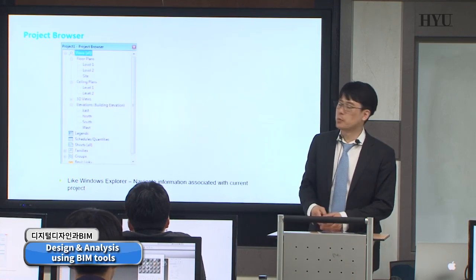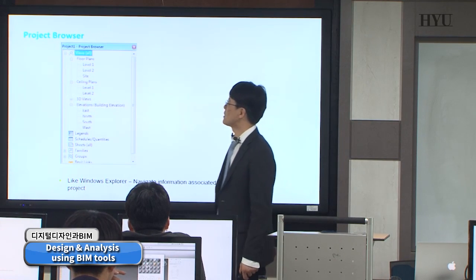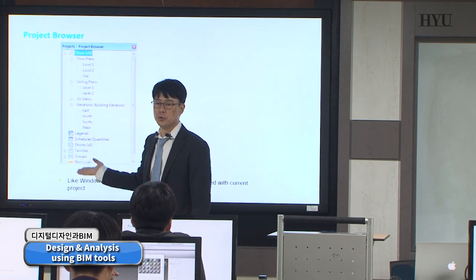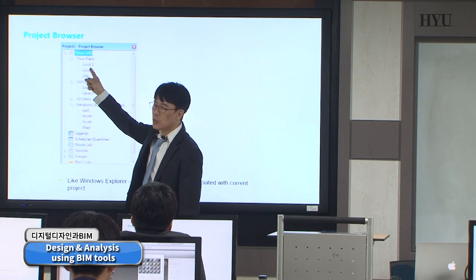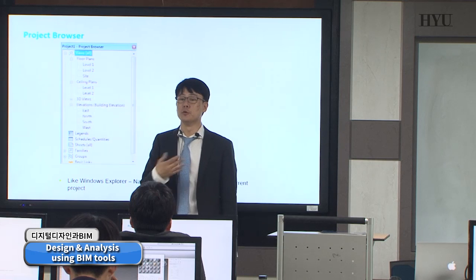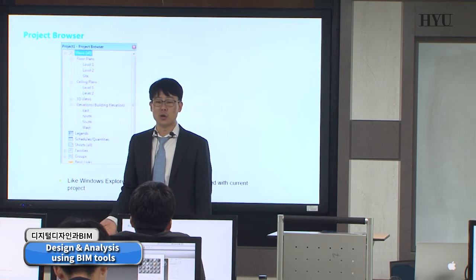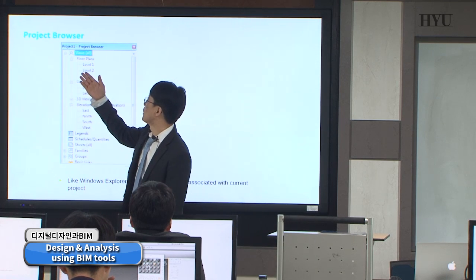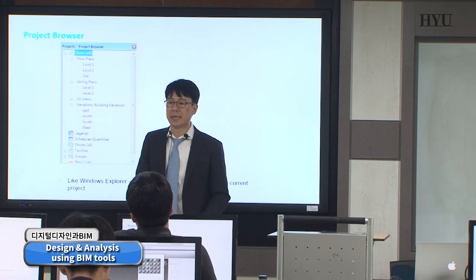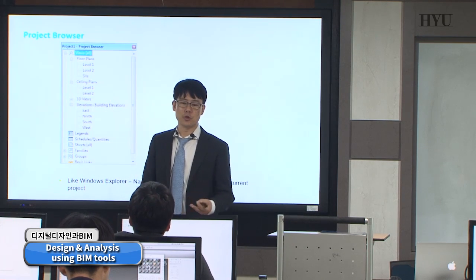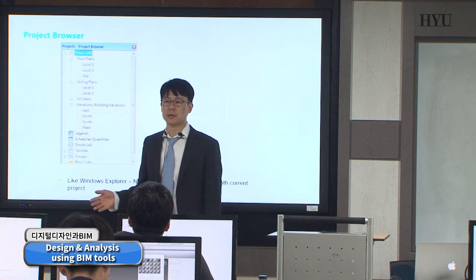And also the project browser shows you lots of views. What is a view? Take a look. Level 1 floor plan is one of the views, not the subject of your drawing, okay? You are not going to work for plans anymore. In a CAD system, you usually work for plans. That's the main goal.